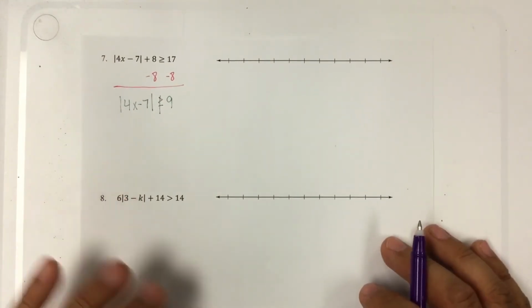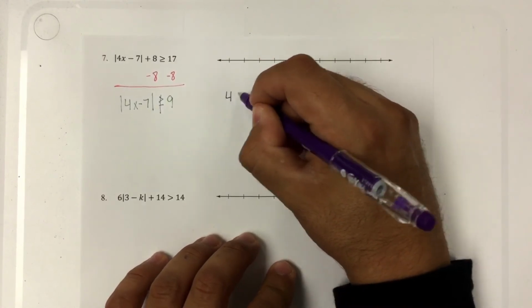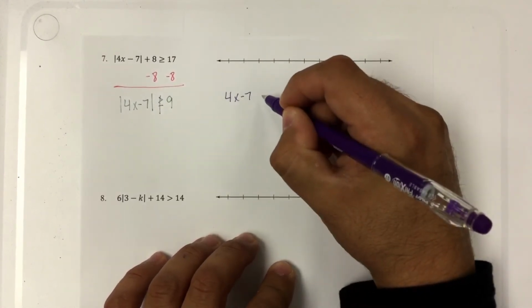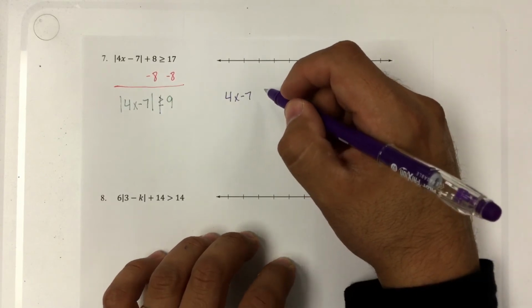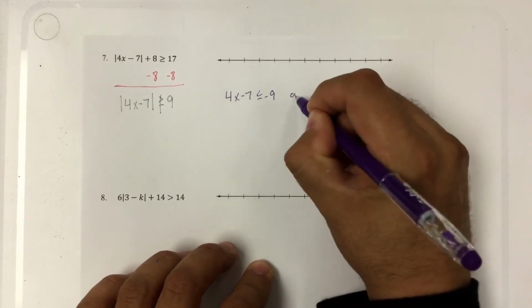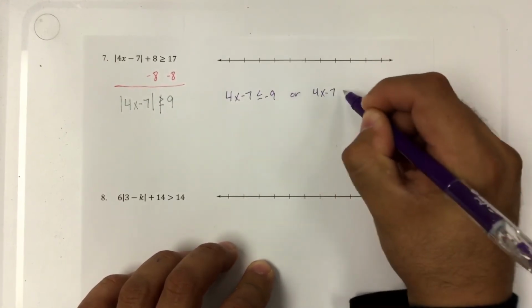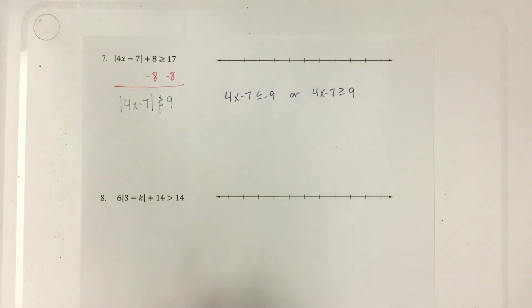This is the one you got to practice on. How do I write it? Don't you have to split, put like 4x minus 7 is less than or equal to -9, or 4x minus 7 is greater than or equal to positive 9.